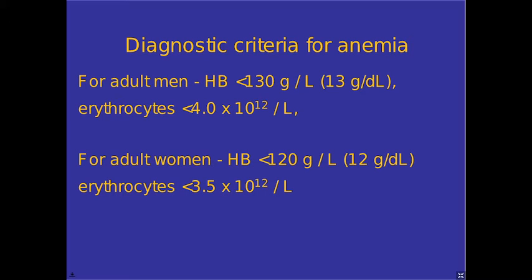For example, some stages of iron deficiency, surprisingly at first sight, can be associated with normal hemoglobin and normal erythrocytes. But the pathological mechanisms leading to anemia exist, and the pathological process is developing right now.